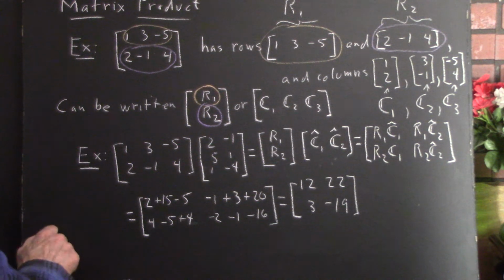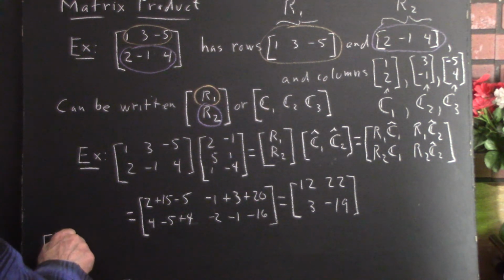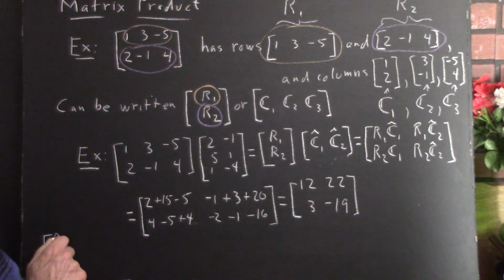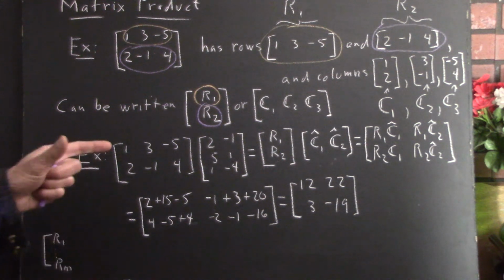If I have row 1 through row M, okay, row 1 through row M. This stands for row 1, then row 2, row 3, row 4, all the way up to row M, whatever M has to be. And this could be a huge matrix.